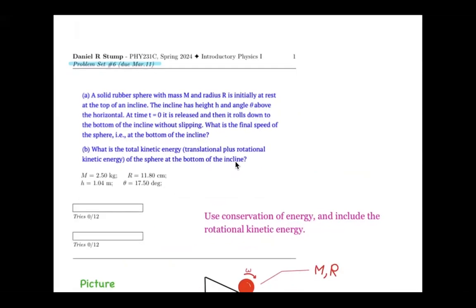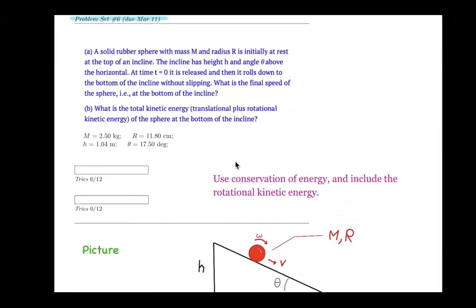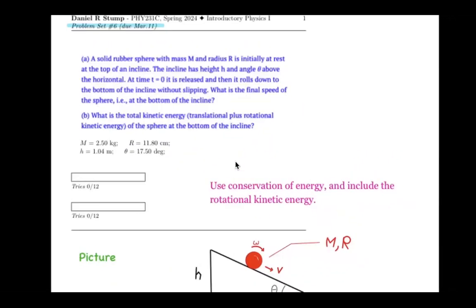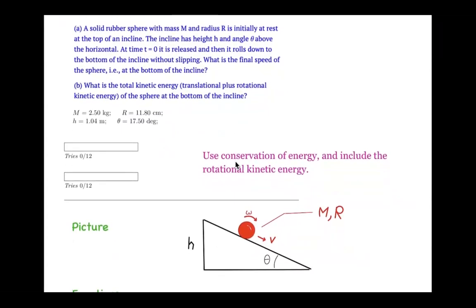Now let's see how some of these are used in some problems. So here's a problem from the homework problem set 6, which is due on Monday. A solid rubber sphere, say mass m and radius r, is initially at rest at the top of an incline, which has height h and inclination angle theta.